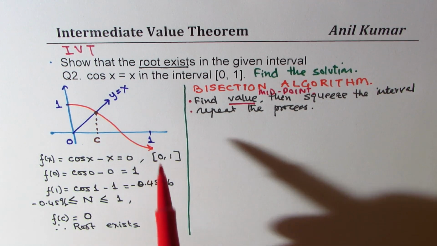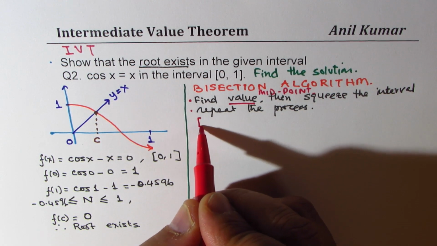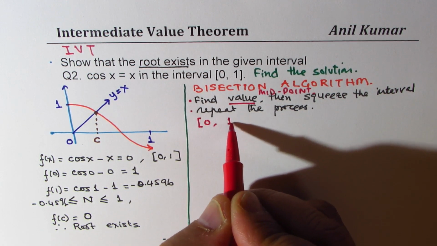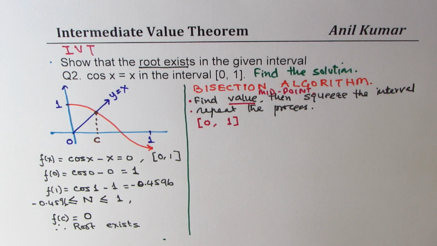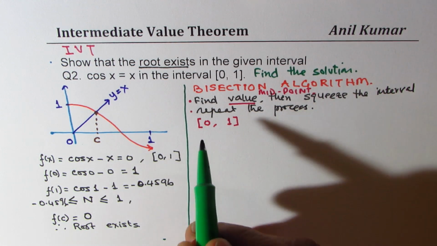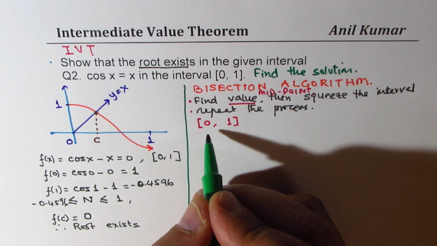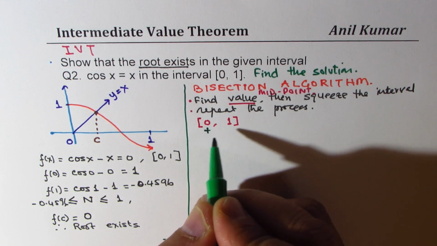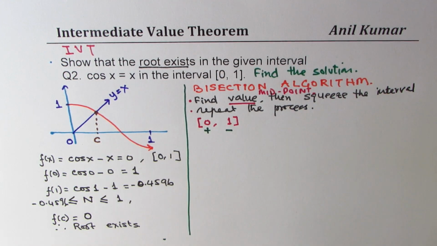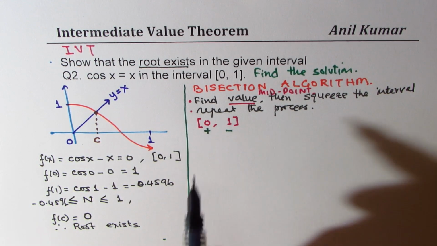So we begin with the interval 0 to 1, right? Now we know that for 0 we are getting a positive value, and for 1 we are getting a negative value. We are looking for something in between. So what we will do here is that the mid value is 0.5.